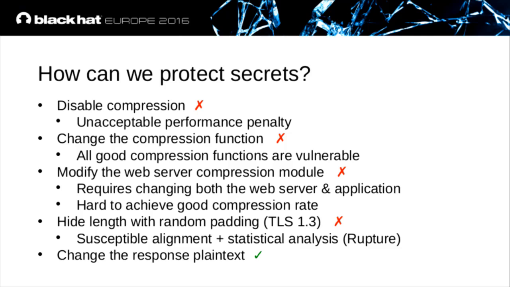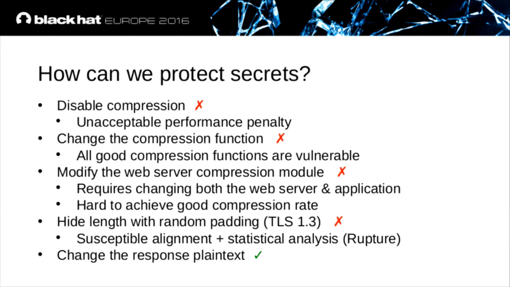A second proposal would be to change the compression function in order to prevent cross-compression between secrets and reflection or adversary-generated data in general. But in theory, we're finding so far that all good compression functions are vulnerable, and we don't have a practical example of a compression function that actually prevents side channels like the one we showed before. So this also is so far not a good solution.